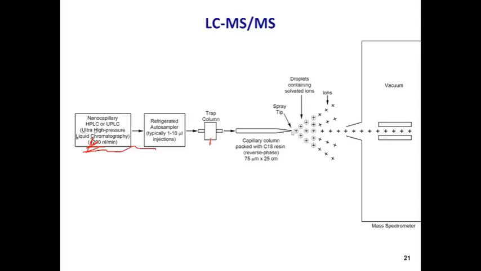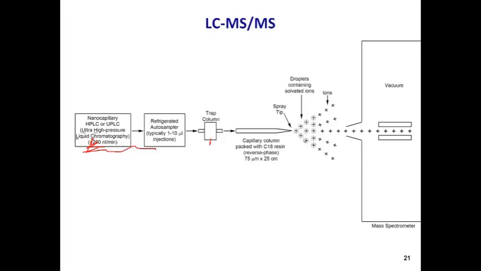The end of the analytical column is drawn into a fine point, and a fine spray is emitted. This spray contains ions as well as non-ionic components. There is a moderate voltage differential between the column and the mass spectrometer, and so we have an electrical field of perhaps 1,000 volts, give or take a bit, and depending upon the polarity, if we have a negative electrode here, all the positive ions will head towards the mass spectrometer.